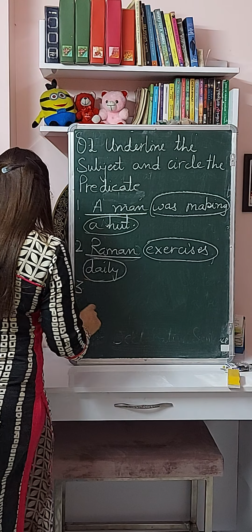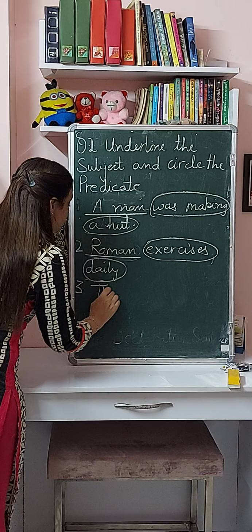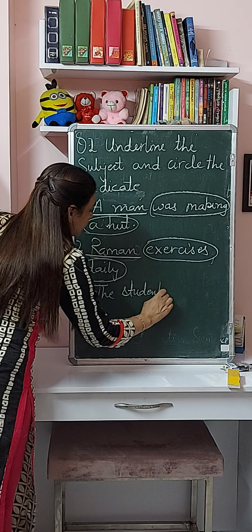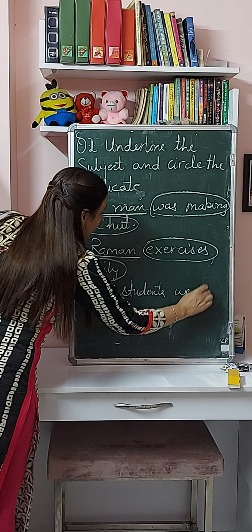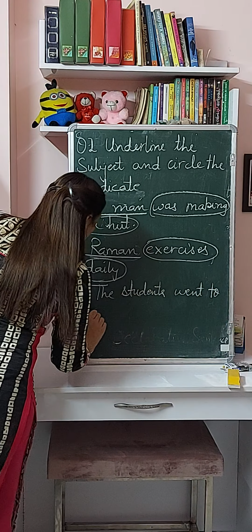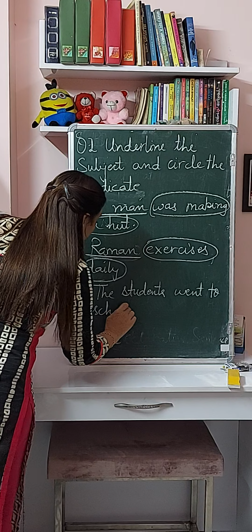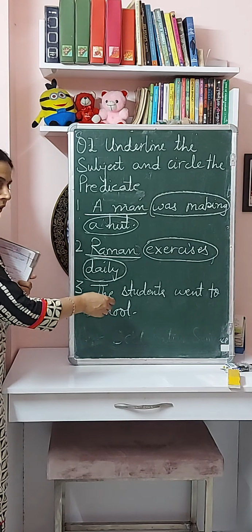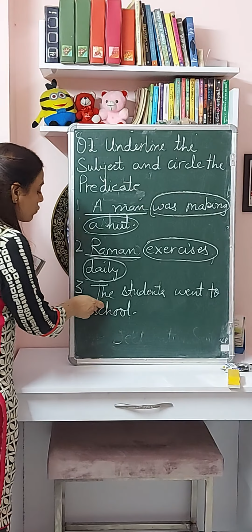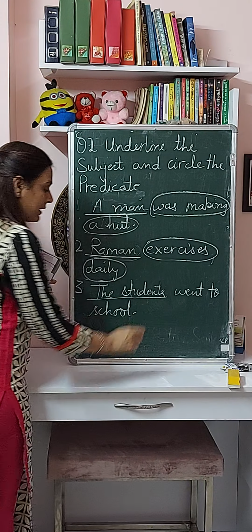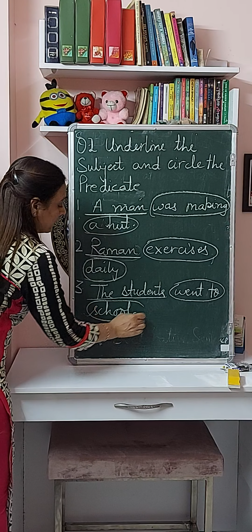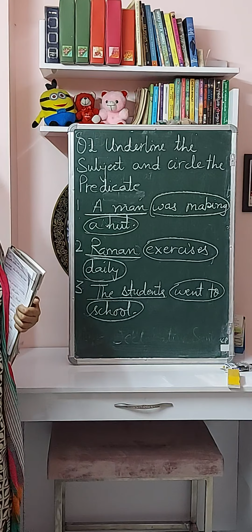Moving on to the third sentence. The students went to school. Now the students, we are talking about whom? We are talking about the students. The students is the subject. Went to school is the predicate over here. Alright.